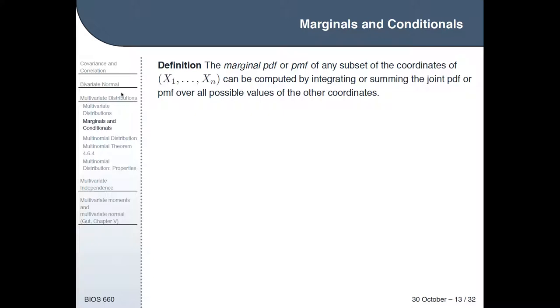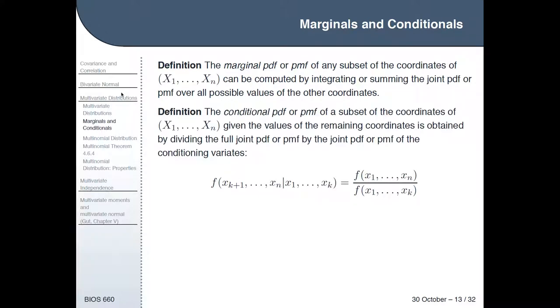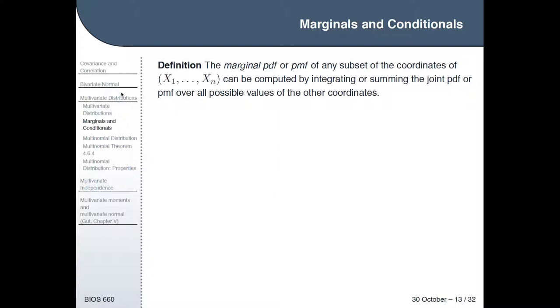And we can define marginal distributions and conditional distributions just like we did in the bivariate case. The marginal PDF can be computed by integrating or summing the joint PDF or PMF over all the other possible coordinates. And it's worth pointing out here that in the multivariate case, you have x1, x2, up to xn.